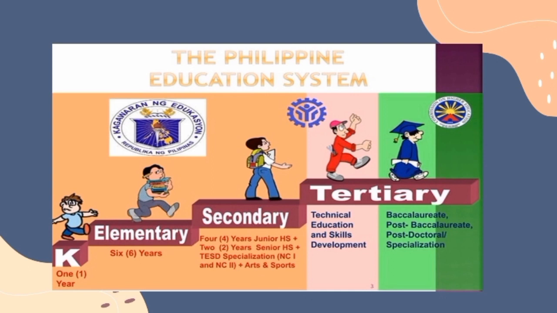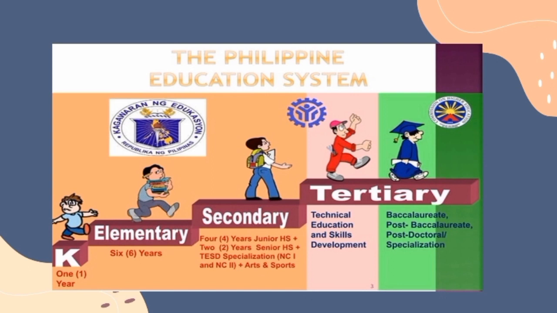In junior high school, the student should finish 4 years and another 2 years in senior high school. After the student finishes the secondary level, they have a TESDA specialization in NC1 and NC2, and also in arts and sports.